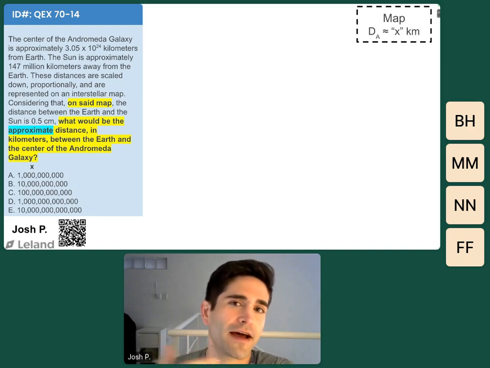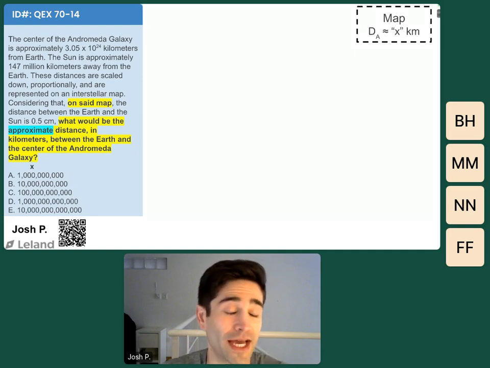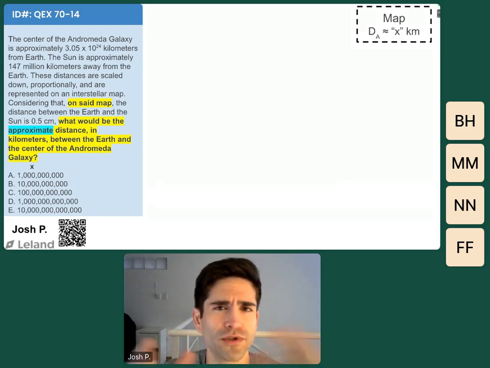And we can assign that approximate value as X kilometers. So yes, it's going to be a huge intergalactic map spanning kilometers to be able to show the infinite universe. Great.